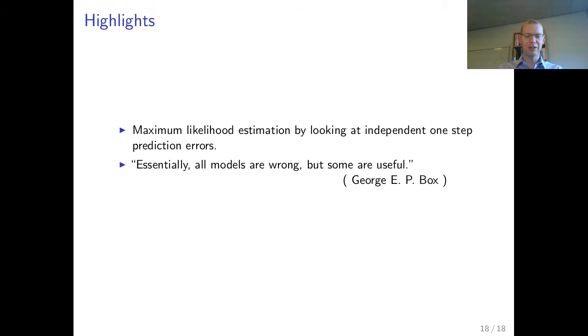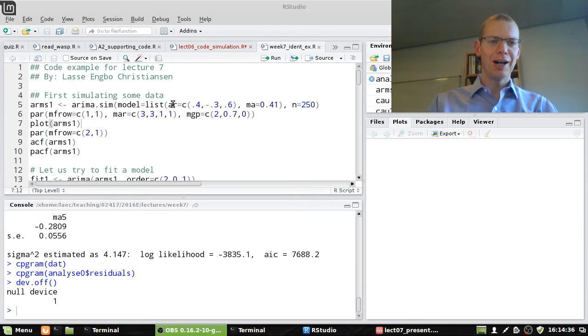The next bit is going to R and seeing if we can go through an example there. I will first simulate a model. We can see that it's an AR order 3 and moving average order 1.